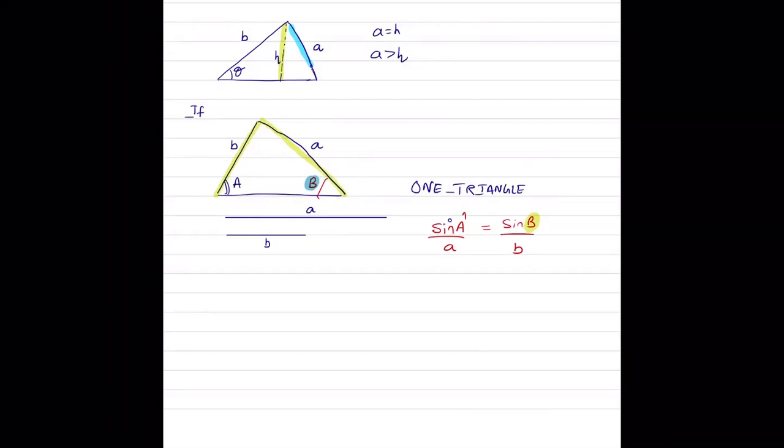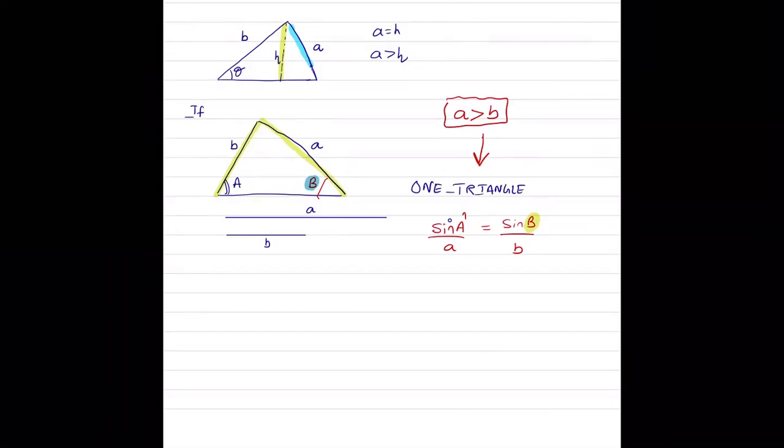So the idea is that if the length of A, the side opposite to the given angle, was greater than the other side, then we are only going to be having one triangle, which means one solution. Only one solution for angle B, one solution of angle C, and one solution for the length C. Only one triangle is going to be formed.